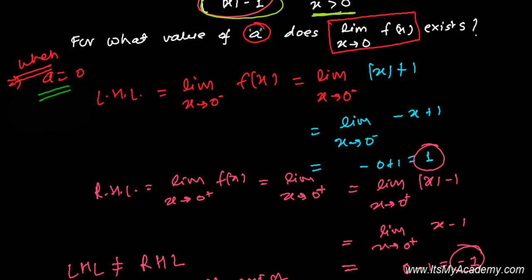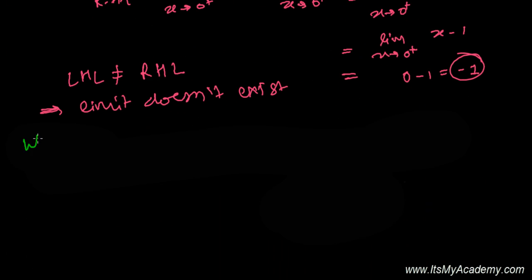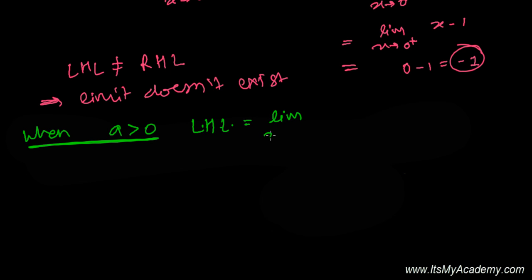Now let's suppose a is greater than 0. All right, when a is greater than 0, what happens? Let's check it out. So let's find out the left hand limit first. For a greater than 0, limit x tends to a minus of f of x. Now see here, a is itself greater than 0.